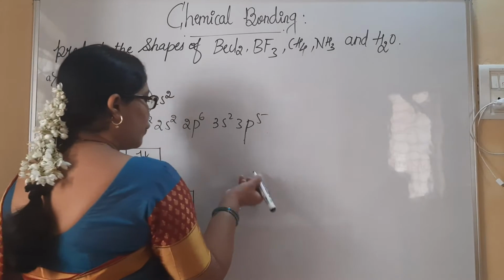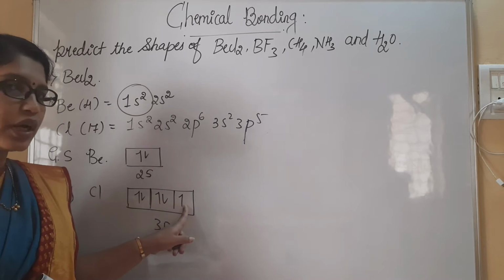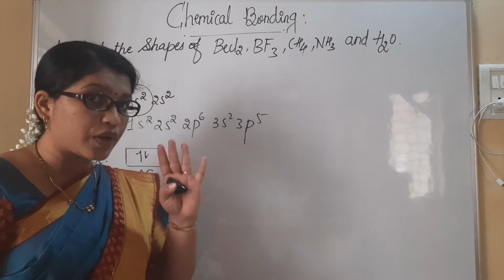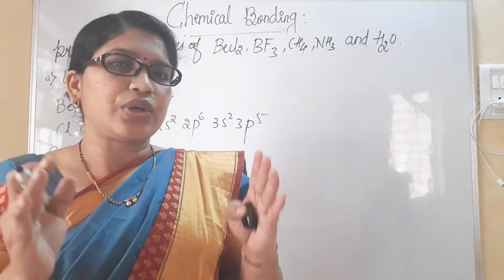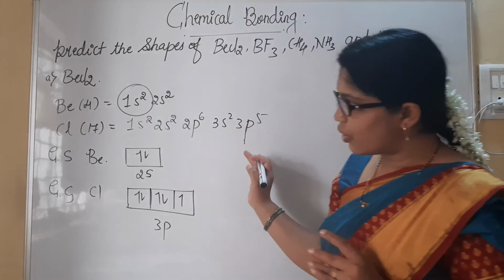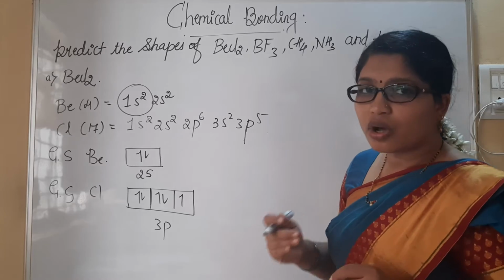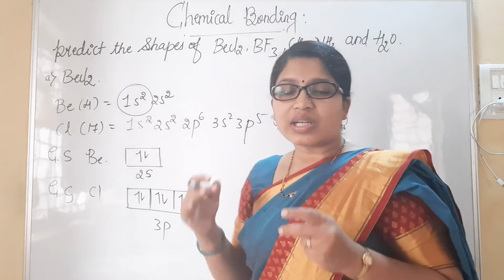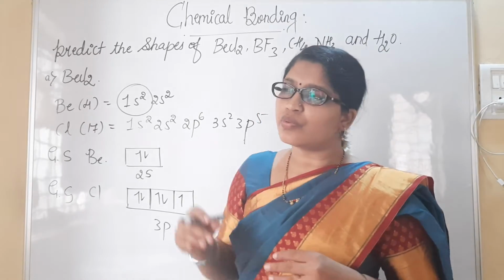Now, if you want to do hybridization here, there is one vacant p orbital. Don't worry about the term hybridization that I pronounced now. You just need to remember the shape of a molecule according to the configuration given and the number of electrons they can accommodate. We are going to learn in detail about hybridization in the same chapter very soon after this.